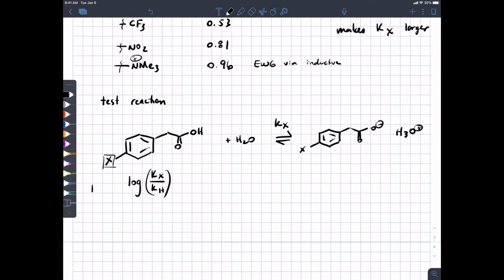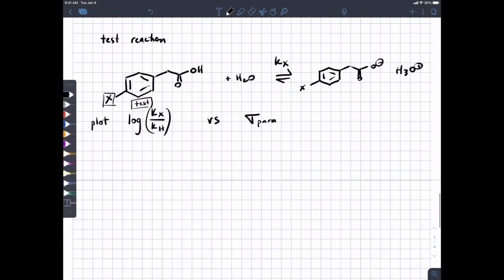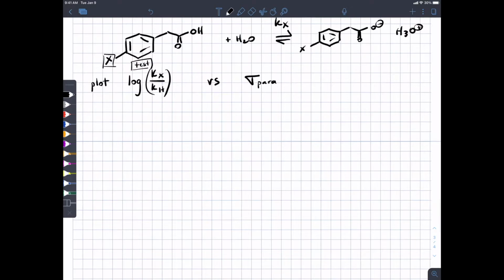And then we're going to plot the log Kx over Kh that we measure from our test reaction versus the sigma value that we got from the benzoic acid reaction. Okay? So let's just show you how this would work.